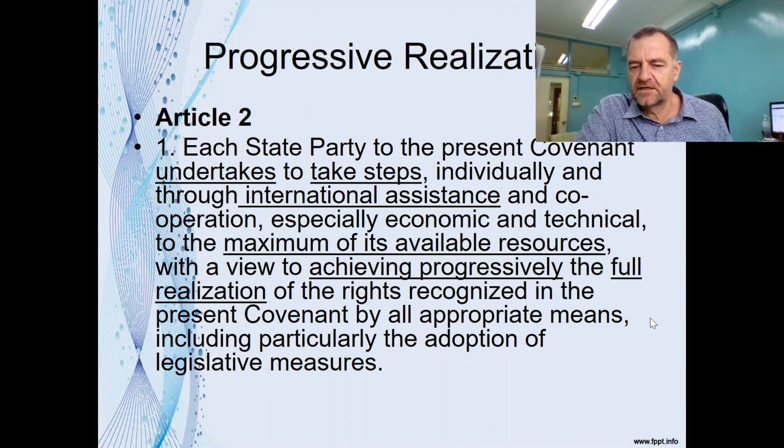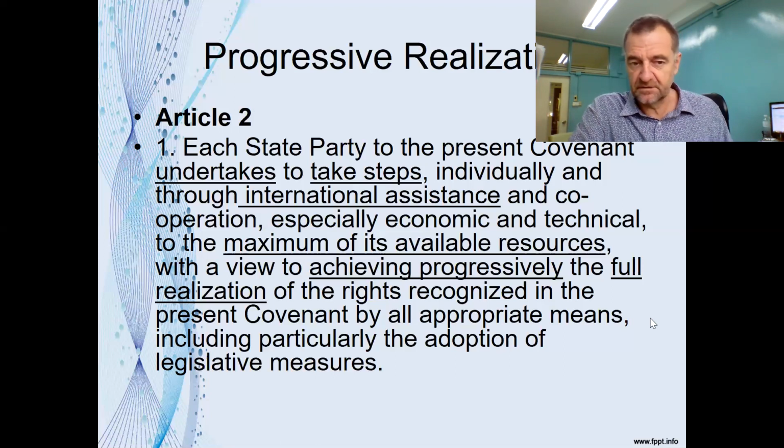Now what it's detailing here is that this is what the state's obligations are towards realising economic, social and cultural rights. Now how progressive realisation is defined itself in Article 2 is rather long and rather wordy and a bit complex. But it's important to unpack it to see how each of these elements adds up to this idea of progressive realisation.